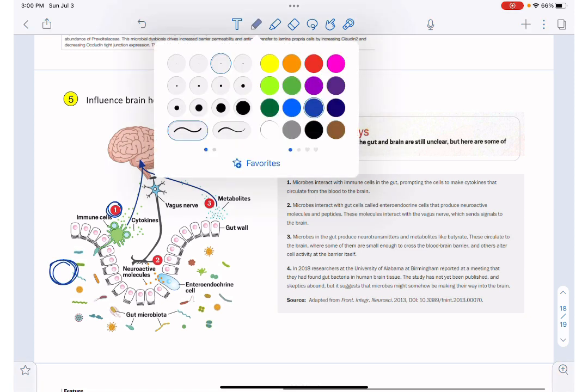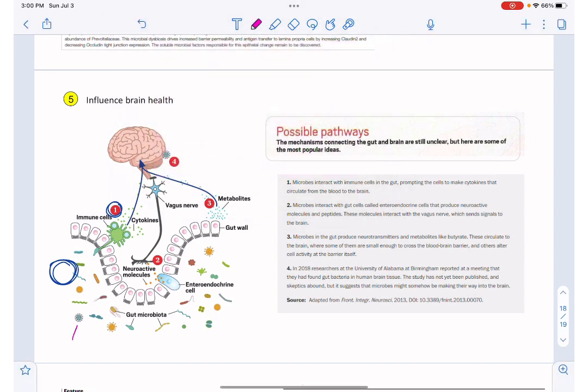And here we have all different parts of the gut microbiome. And what they're saying is the gut microbiome is interacting with these immune cells that we find in the connective tissue of the mucosal layer. That causes the immune cells to produce these chemicals called cytokines, which can get into the blood and make their way up to the brain and interact with the brain.